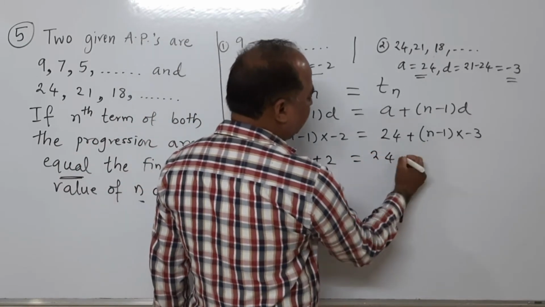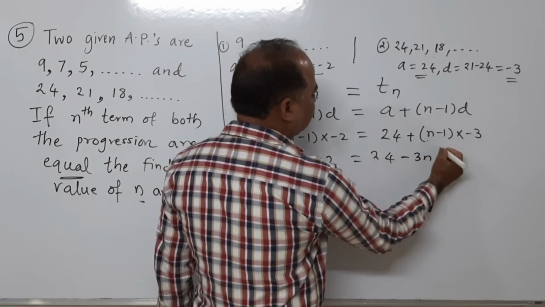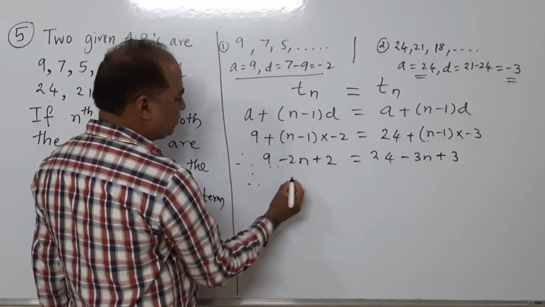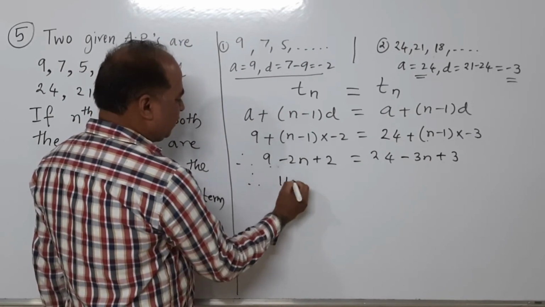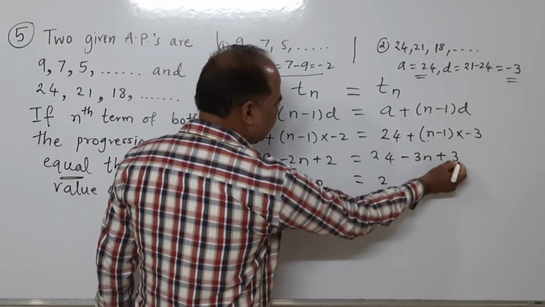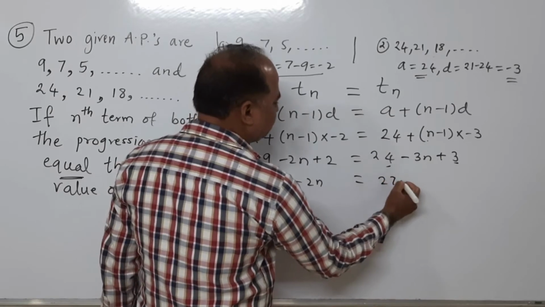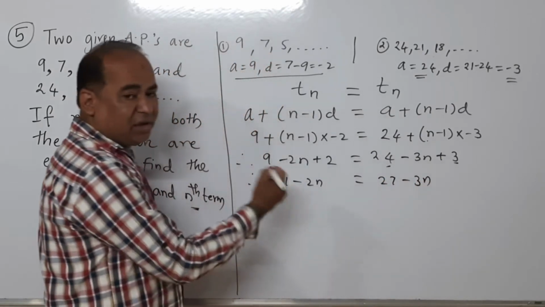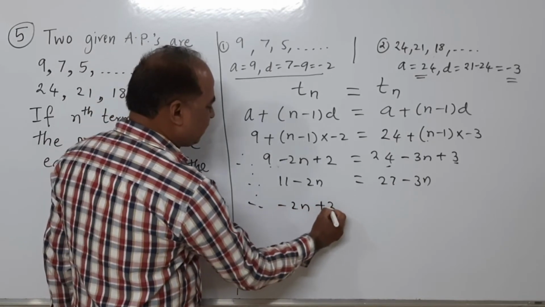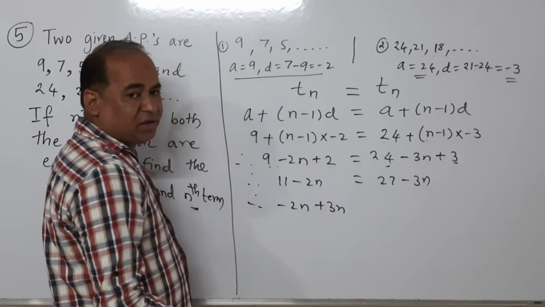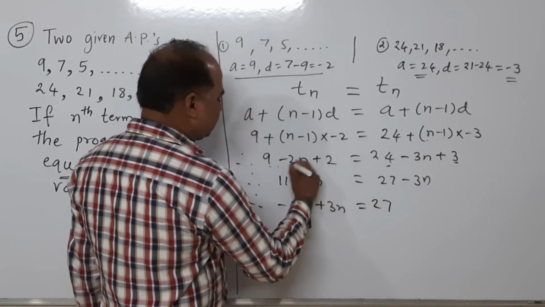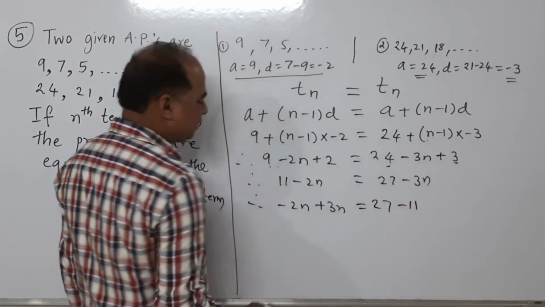Here also minus 3 into n is minus 3n, and minus 3 into minus 1 is plus 3. Therefore 9 plus 2 is 11 minus 2n is equal to 24 plus 3, which is 27 minus 3n. Now taking n on one side, we get minus 2n plus 3n. This minus 3n will come on the left hand side of the equal to sign and it will become plus 3n, and this 11 will go on the right hand side and it will become minus 11.